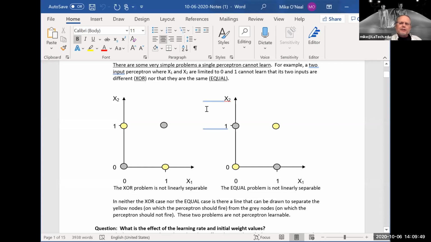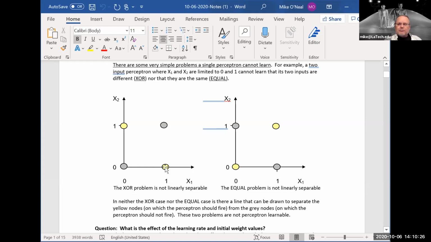Now, why can't it learn the XOR function? Well, what is XOR? XOR says either one or the other, but not both. So this captures it. Let's say both inputs are 0. Only output's 0, right? Neither of them are true. But if you had 1, 0, this point represents a 1 for x1 and a 0 for x2.